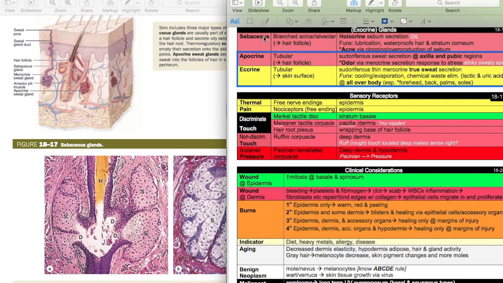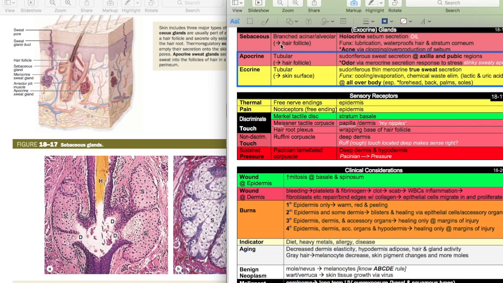So sebaceous glands and apocrine glands are going to be found in the dermis because they're associated with hair follicles, which you can see right here. I already mentioned that sebaceous glands squirt oil to condition your hair and waterproof your hair. So the hair follicle is in the dermis.